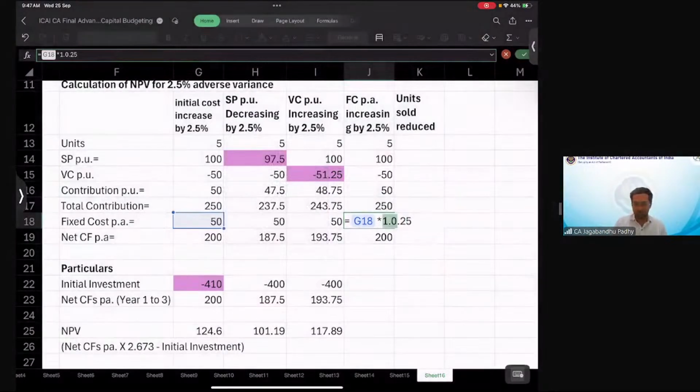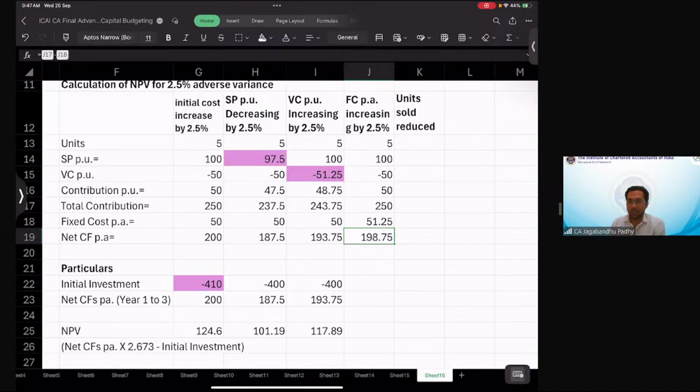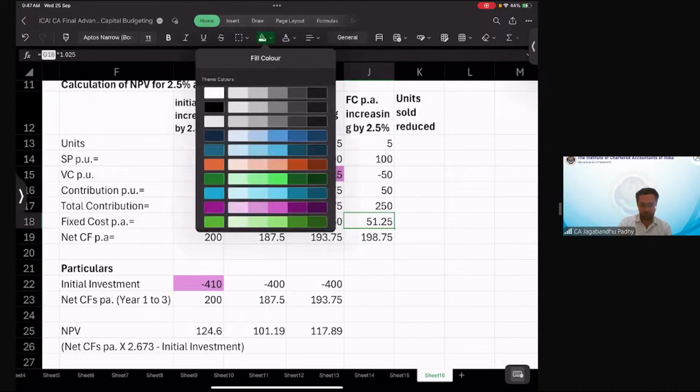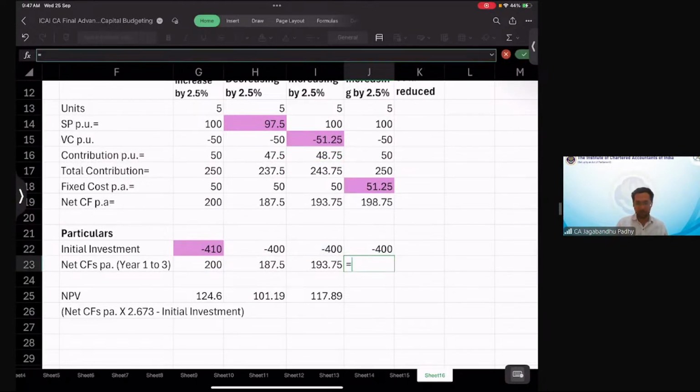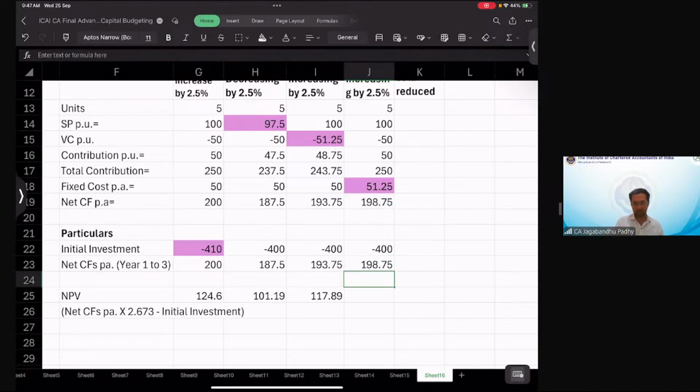There is an adverse impact, right? So the fixed cost will be now 51.25. Based on this, your initial investment remains same. Net cash flow is changing to 198.75.